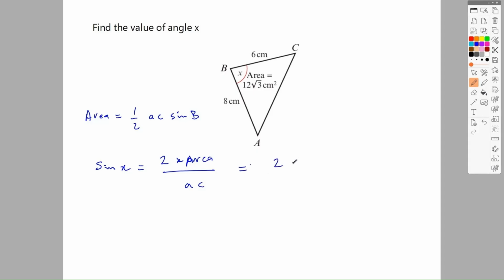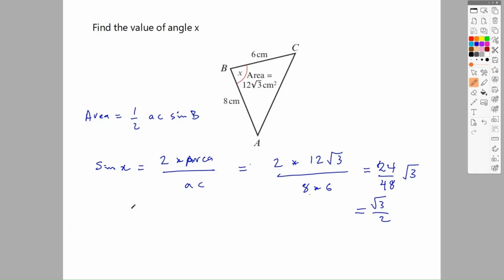So 2 times 12 root 3 over 8 times 6, and we will get 24 root 3 over 48. To make it simple, that actually is half, so it means root 3 over 2.